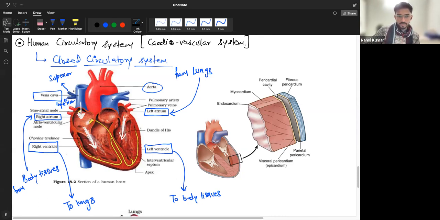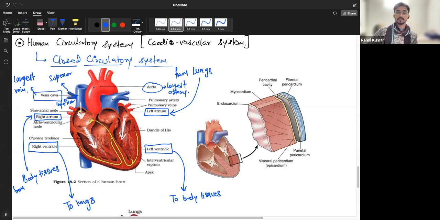Both of them merge together here and make the vena cava, the bigger one, and then dump the blood into the atrium. Similarly, vena cava is the largest vein in the body, and aorta is the largest artery in the body.